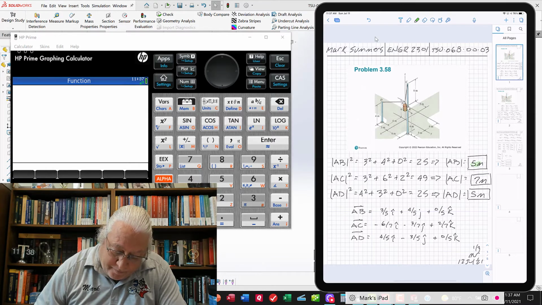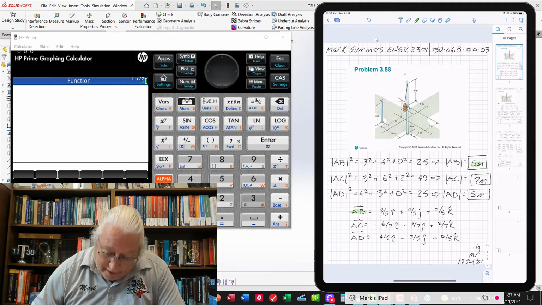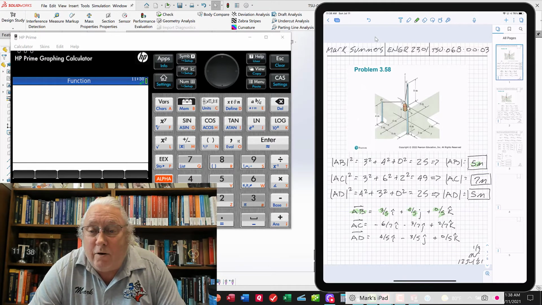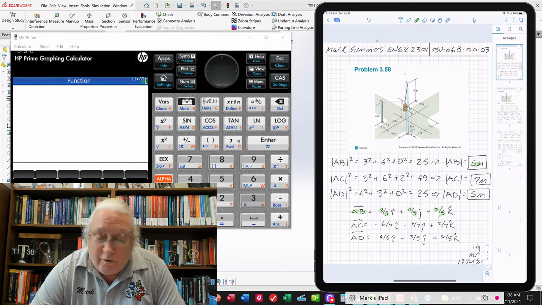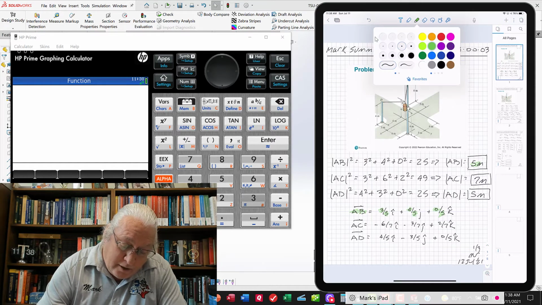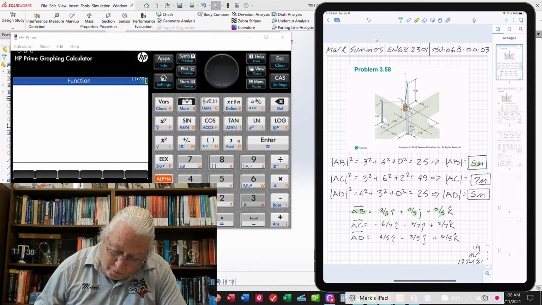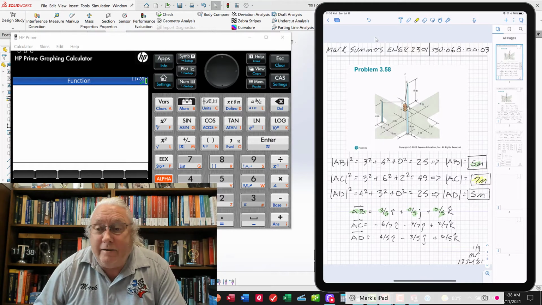For instance, the AB unit vector is going to be 3/5, that's the X component, 4/5 in the Y component, and then no change in the Z direction. If you do the sum of the squares of those fractions, they'll add up to 1, which is why it's a unit vector. So we'll do the same thing over here for AC.